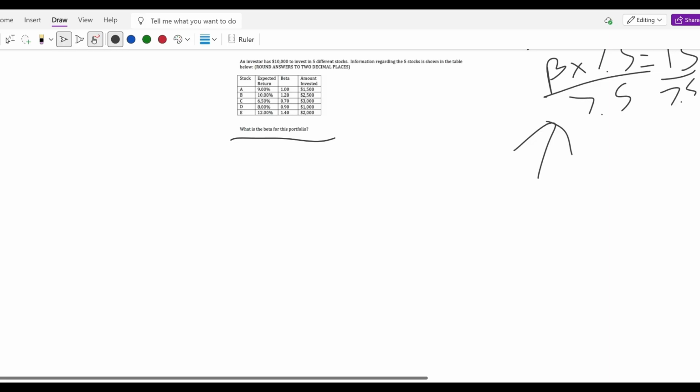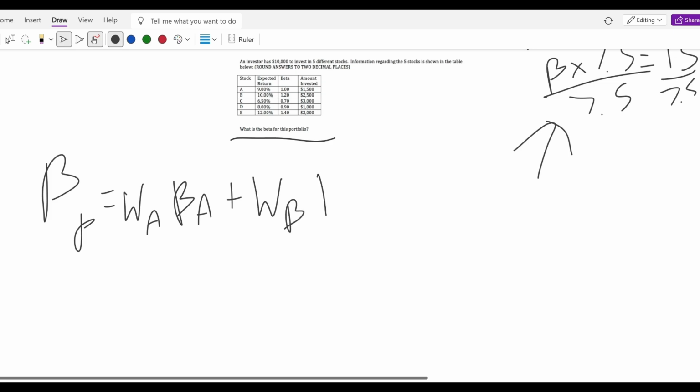And so there's a whole equation written out for it. I wrote it down so I can copy it. The beta of the portfolio equals the weight of A times beta A, plus the weight of B times beta B, and then it just keeps going however many there are.